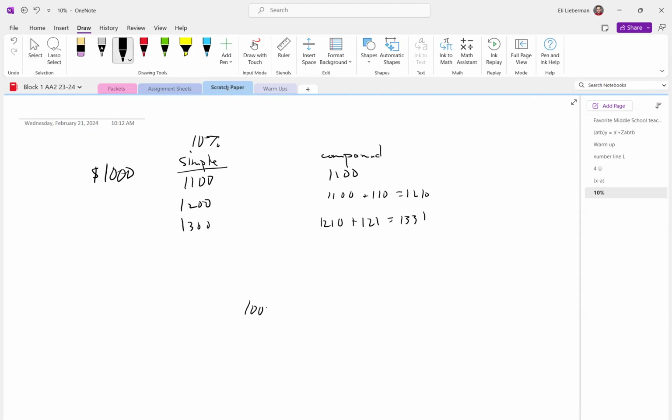Let's see, we start with 1,000. Then after 6 months, we get 5%. Okay, so 1050, and then after 1 year, you get 5 more percent. What is 5% of this?